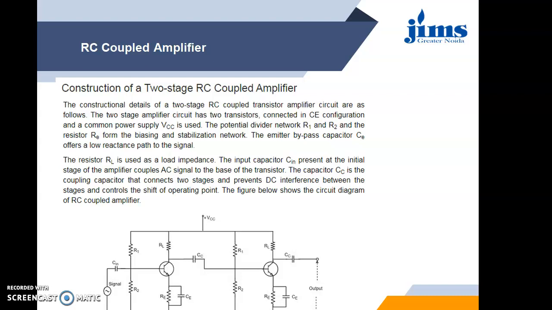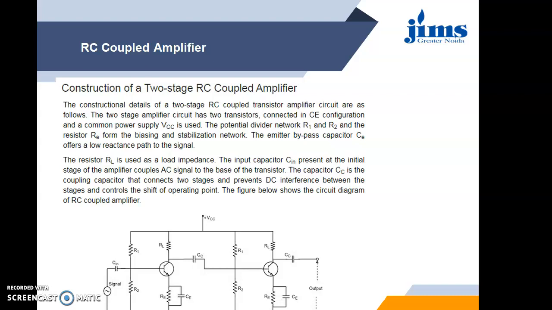So, considering the cascaded amplifier, cascade is nothing but two transistors or amplifiers connected in series, one after another; they are considered as a cascaded configuration. In the cascade form, we have a number of configurations such as RC coupled amplifiers, transformer coupled amplifiers, and direct coupled amplifiers.